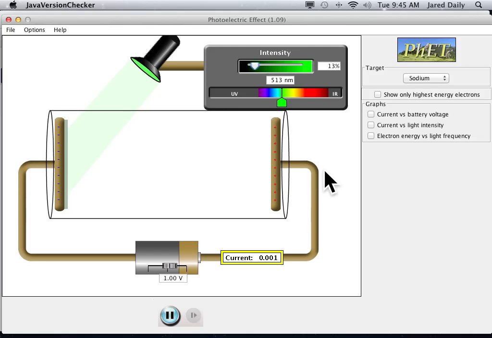Why would we be getting current anyway? Well, because the light is a type of energy. The atoms inside of here are receiving that light, and that energy is energizing some electrons, and the electrons are getting energetic enough to jump out of the atom and then go across to the other side. Okay, that makes perfect sense, I suppose. But according to the science of the day, changing the frequency shouldn't do anything.